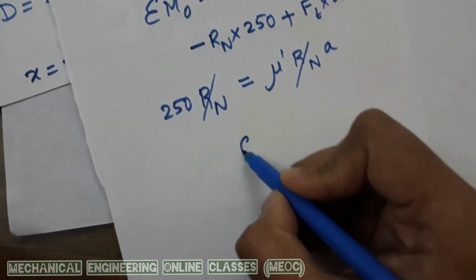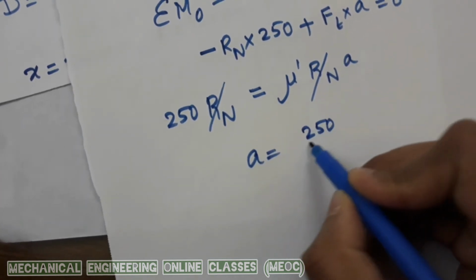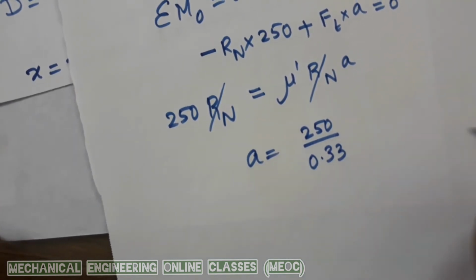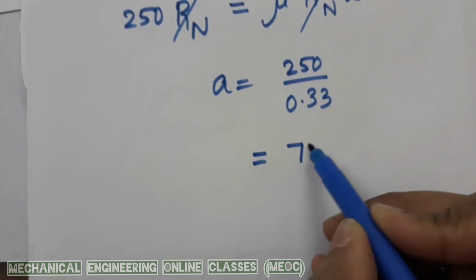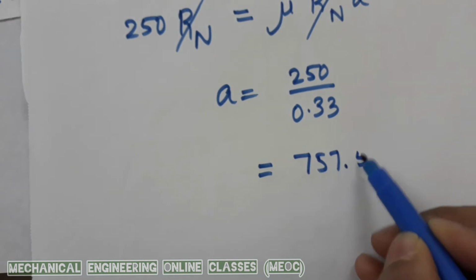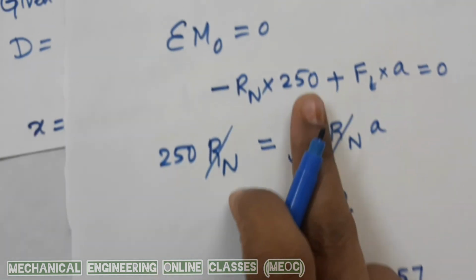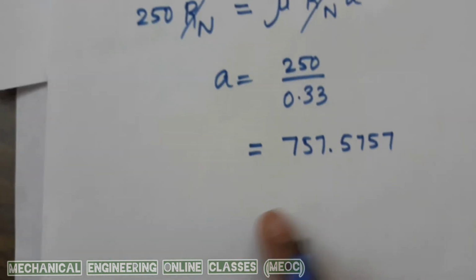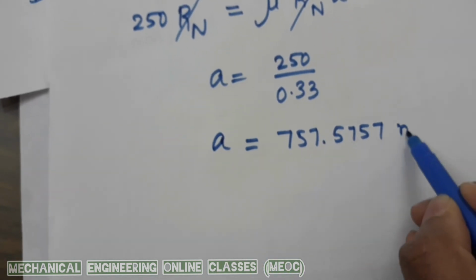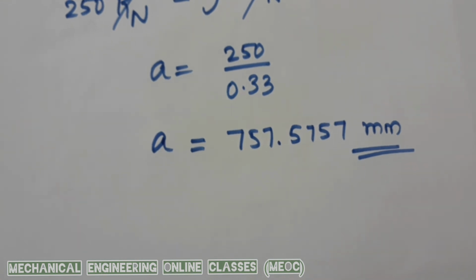So A will be equal to, on cross multiplication I get it as 250 by 0.33, which is equal to 757.5757. Since this 250 is taken in mm, x have taken in terms of mm only, so A also is in terms of mm. Here completes our problem solving.